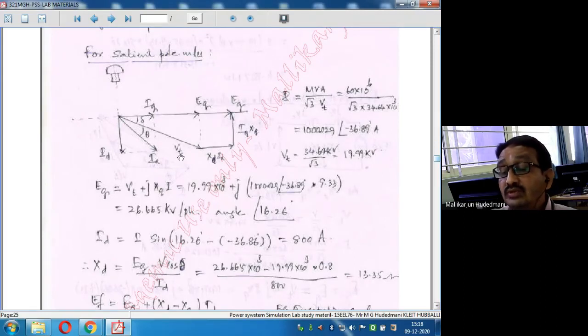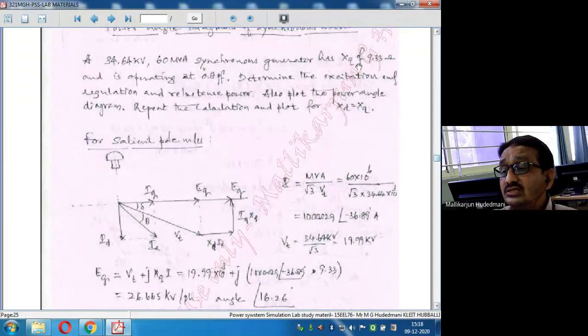To compute that, at the tip of this terminal voltage vector Vt, we have to add a vector which is the drop Xd into Id. Xd is not given here, Xq is given.